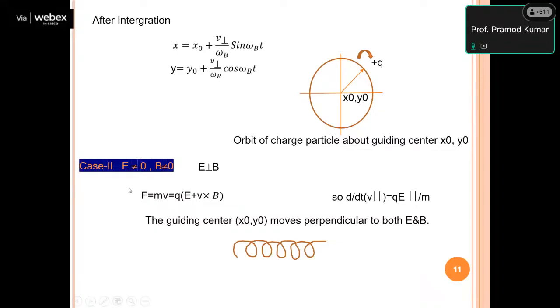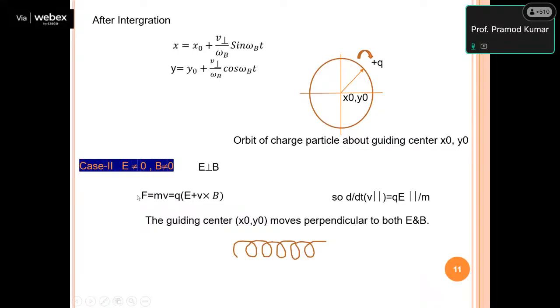Now take the second case, whenever E is not equal to 0 and B is not equal to 0, and E is perpendicular to B. Just remember that the magnetic field is applied perpendicular to the direction of current, or the direction of the electric field, along the x-axis.